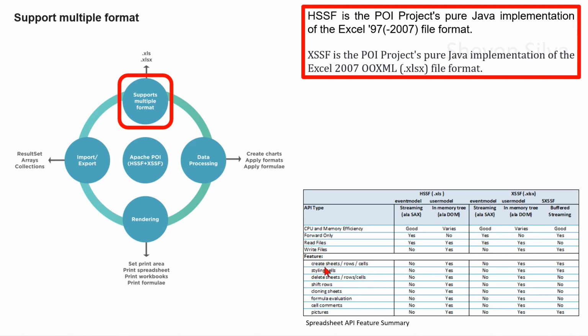Features: create sheets, rows or cells. In the event model in HSSF it is no, and in the user model yes, and the event model in XSSF is no, and the user model yes, and in SXSSF it is yes.